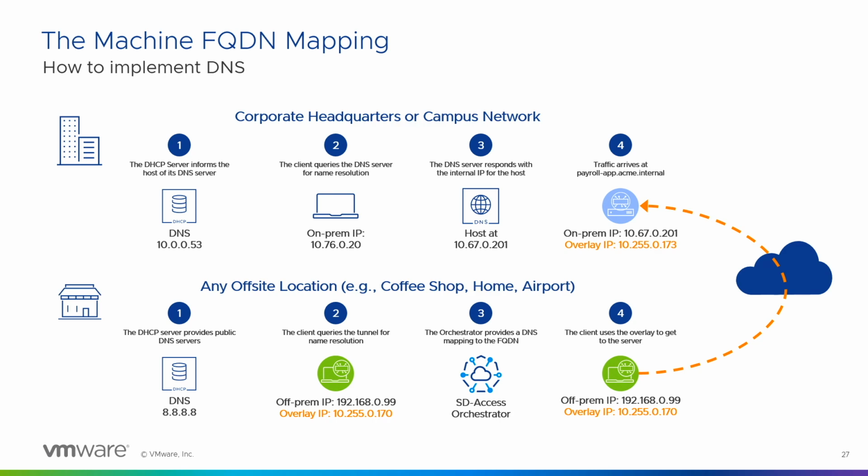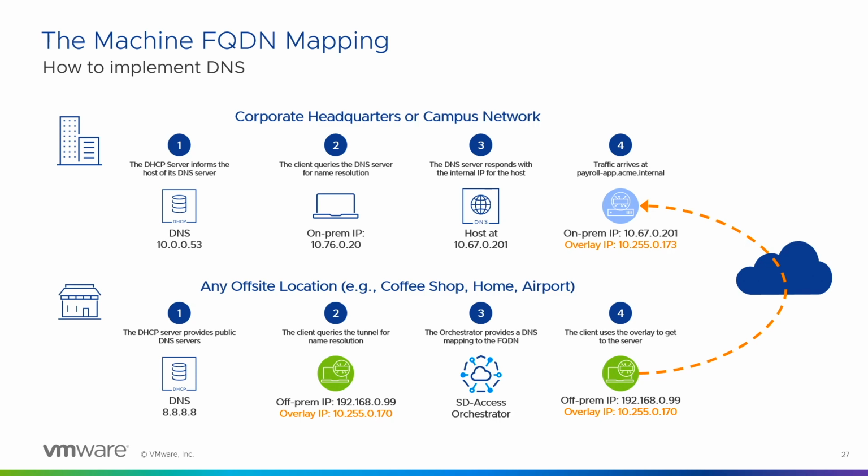And the top is, I'm at the corporate headquarters, I'm at the campus network. When you drop into work, you're going to connect to the Wi-Fi, maybe you plug in, but there's a DHCP server out there that's going to hand you what your DNS server is.